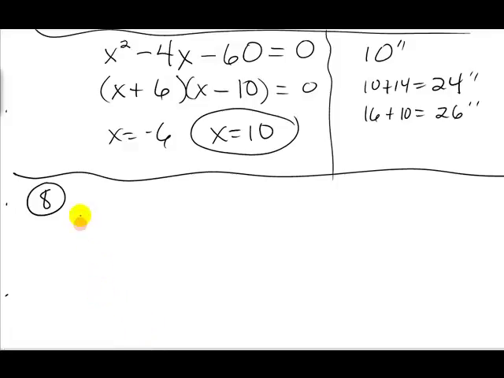So a triangle is 4 centimeters wider than it is tall. So it says it's wider than it is tall. And so we've got x plus 4 and x.